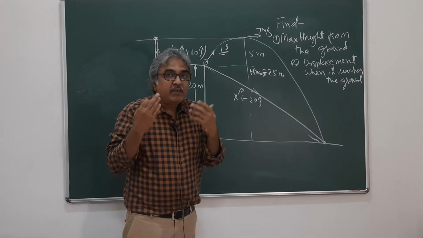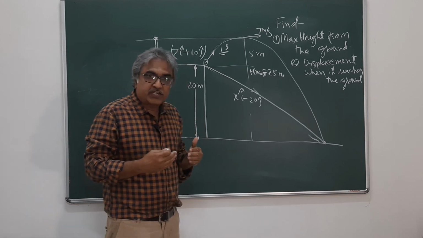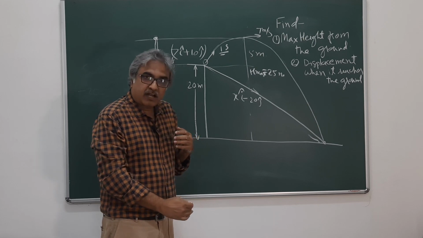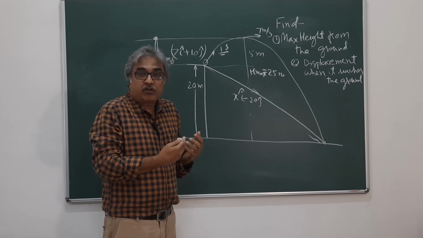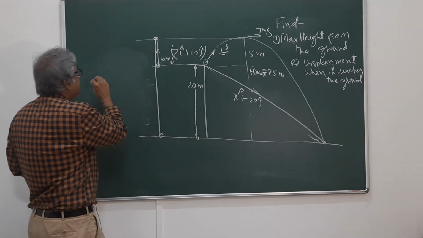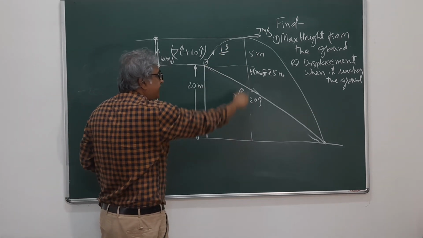Now see, if you recollect from the previous videos, when you are dropping a ball or any object and it reaches the ground, with initial velocity 0, then this total displacement downward will be 25.